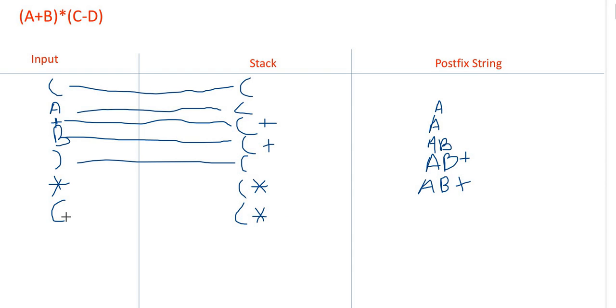But here the opening parenthesis has the lower priority, yet we put it in the stack. We have to ignore this, because it is not printed in the postfix string. Okay, here a b.